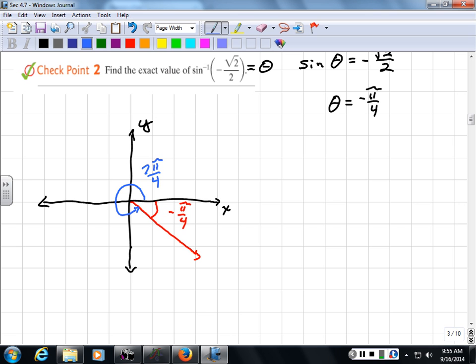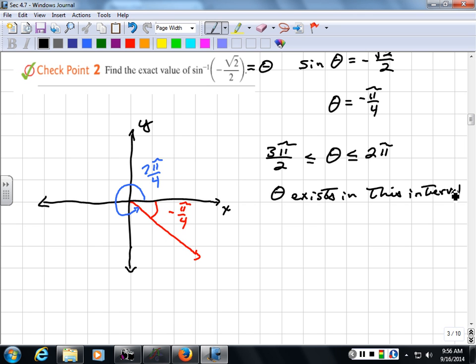All right? Now, when I say that it is in the fourth quadrant, what I'm saying is the fact that theta exists in that interval. Okay? Theta exists in this interval.